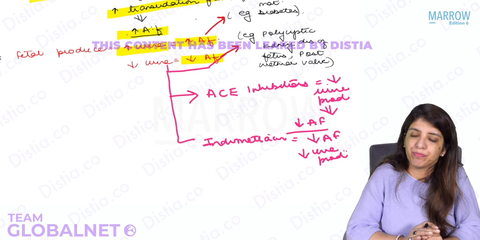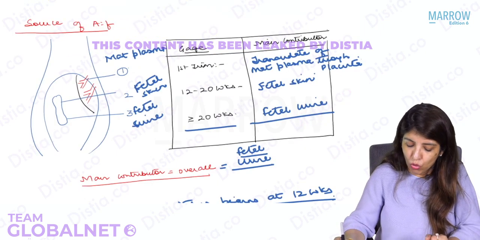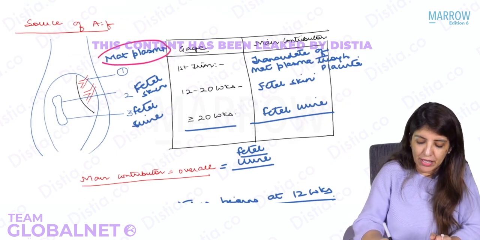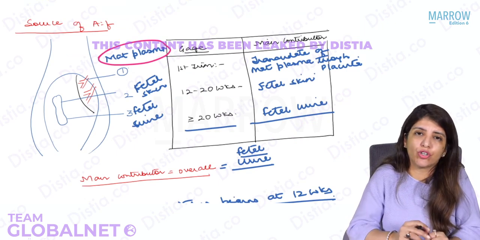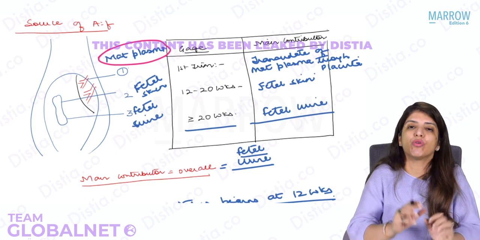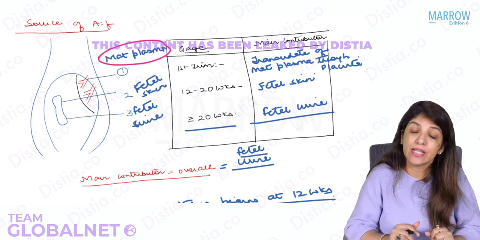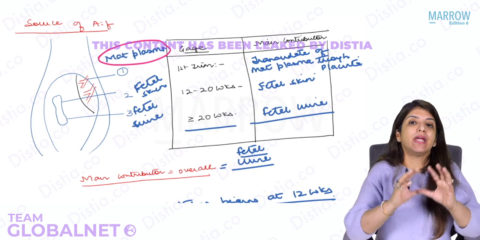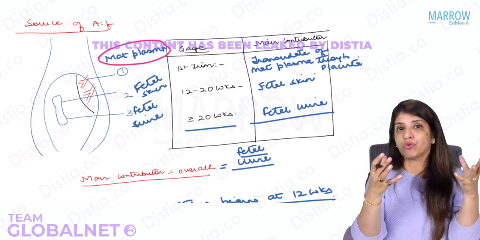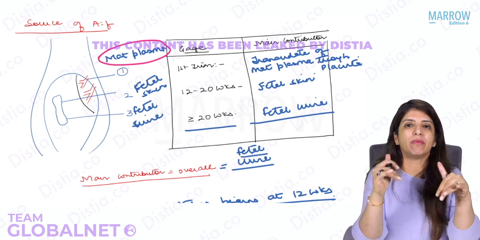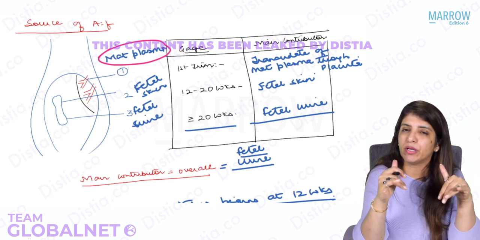Next application. Now, one more contributor was maternal plasma. Right? And how was maternal plasma giving its contribution? It was giving its contribution via the placenta. Now, suppose there is a big placenta. Whenever there is a big placenta, what is going to happen? More maternal blood vessels are going to open into the placenta.